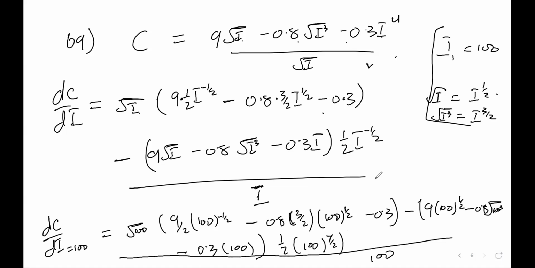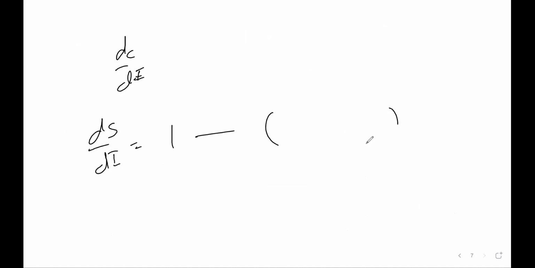Put all of this into your calculator and get your value for dC/dI. And your dS/dI will just be 1 minus the value you get for dC/dI.